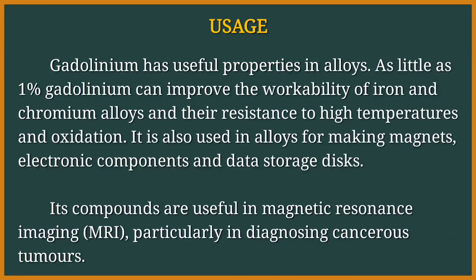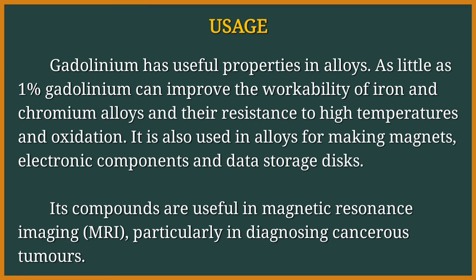Next, its usage. Gadolinium has useful properties in alloys. As little as 1% gadolinium can improve the workability of iron and chromium alloys and their resistance to high temperatures and oxidation. It is also used in alloys for making magnets, electronic components, and data storage disks.